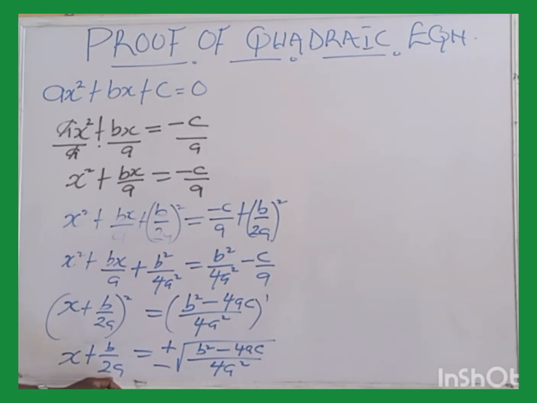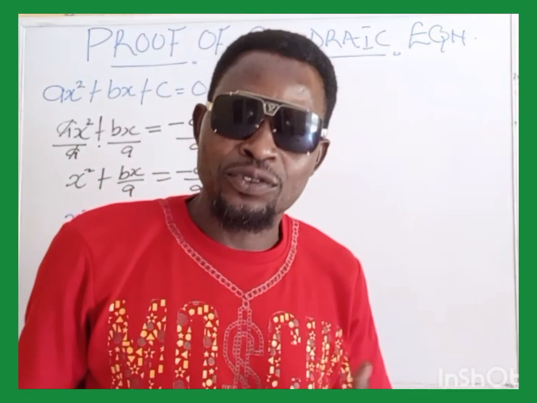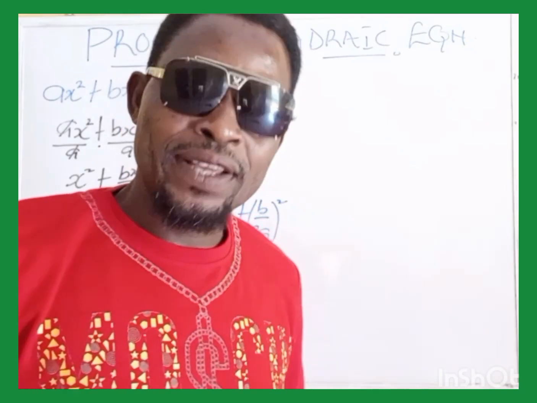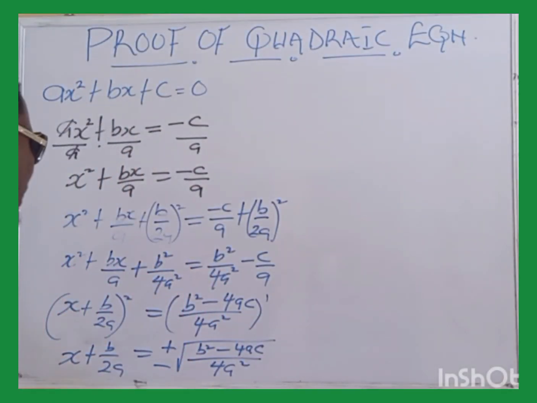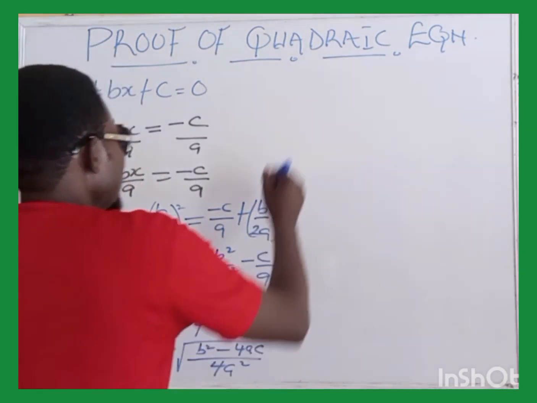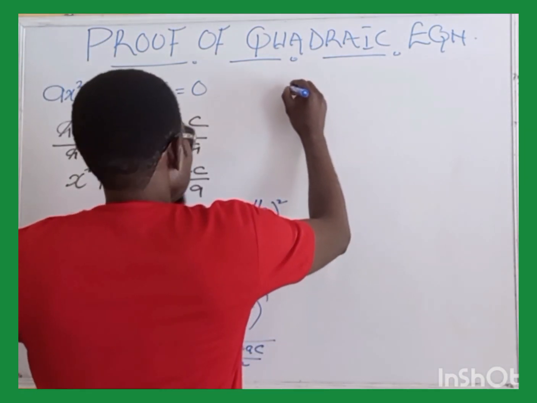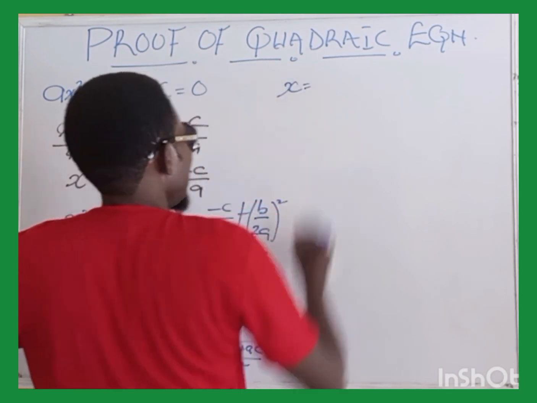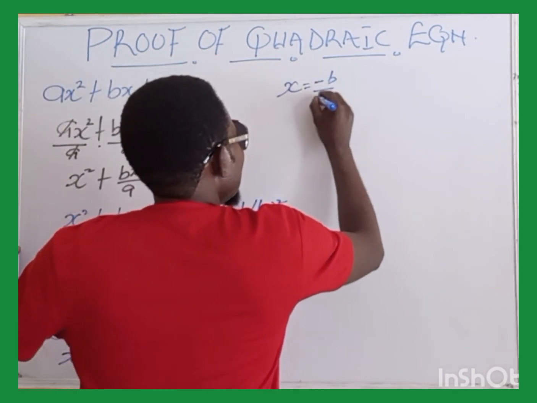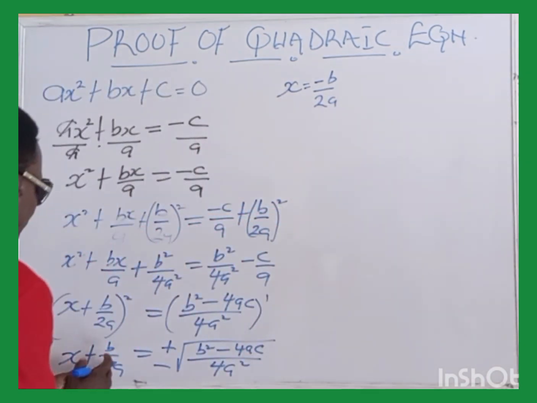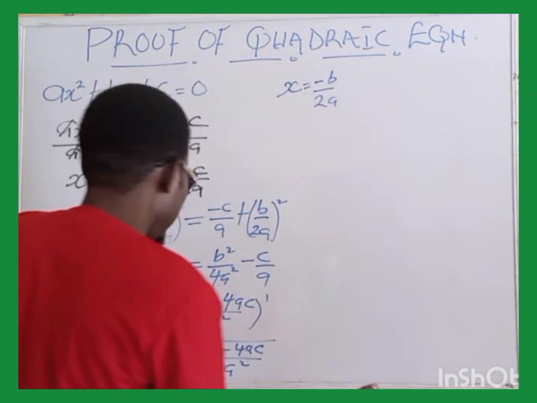x plus b over 2a equals plus or minus square root of b squared minus 4ac over 4a squared. It's as good as when you are finding the square root of 4. It's not going to give you only 2. It's also minus 2. That is why we're having plus or minus here. So the next step now is to make x the subject of formula. It is going to be minus b all over 2a. You are picking this, changing it to the right hand side.